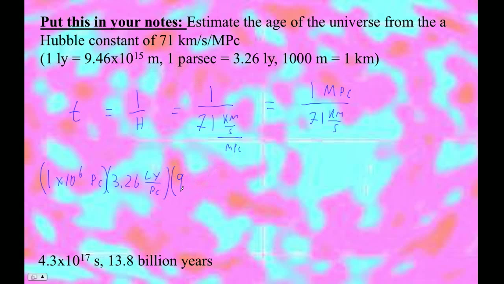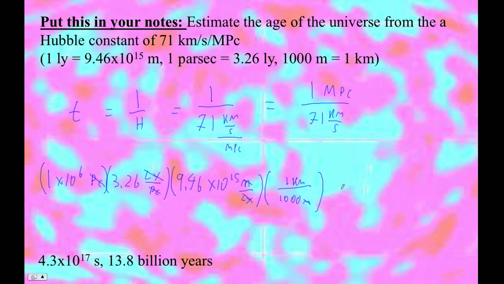So I'm going to multiply by 9.46 times 10 to the 15th meters per light year. And then we have to turn it into kilometers, so divide by 1,000: 1 kilometer per 1,000 meters. Our units, parsecs, light years, and meters, go away, and we're going to end up with kilometers.